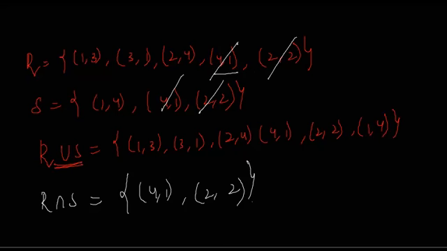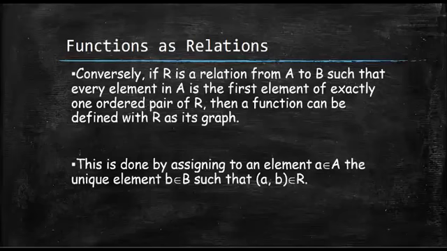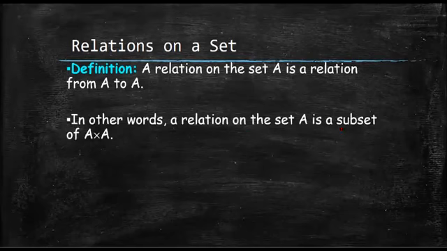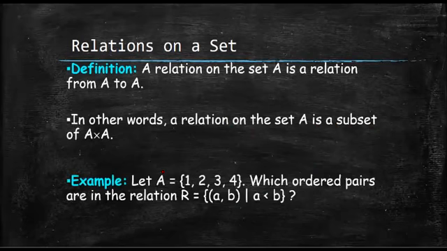The next thing is relations on a set. A relation on a set A is a relation from A to A. So basically, a relation on the set A, which we have just studied, A cross A is a universal set. So a relation on the set A is a subset of A cross A. Let's see, let A be equal to {1, 2, 3, 4}.